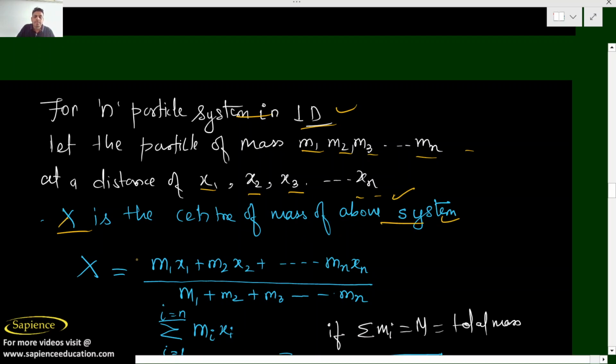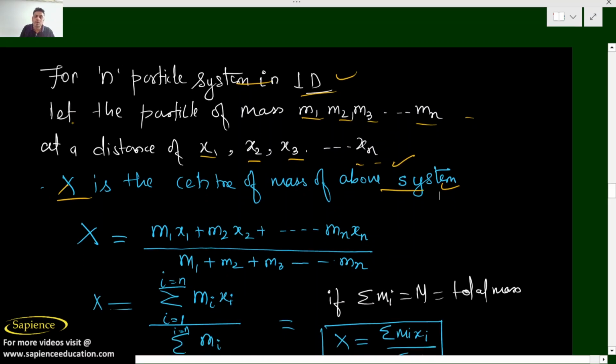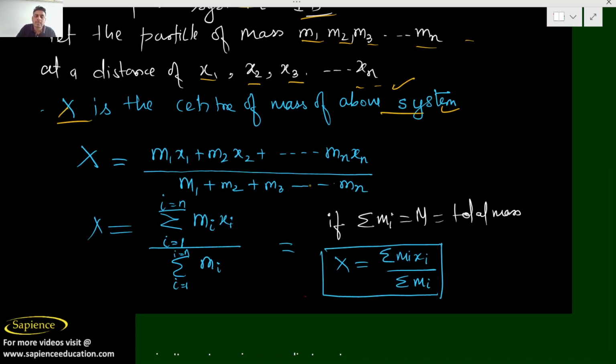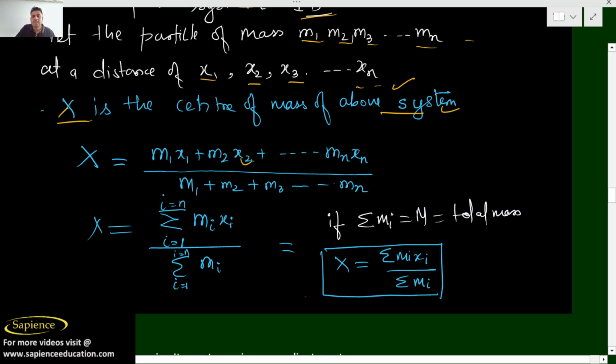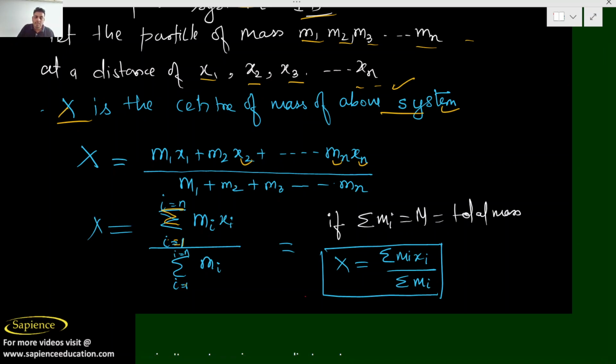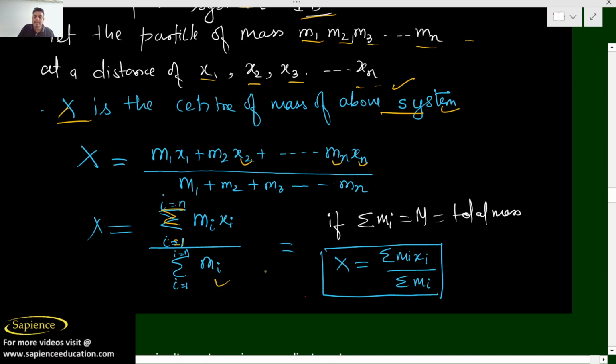So if x is the center of mass, how will you find x? This will be written as m1 multiplied by x1 plus m2 multiplied by x2 up to mn multiplied by xn, divided by m1 plus m2 plus m3 up to mn. You can also write this as a shortcut formula: the summation from i equal to 1 to n of mi xi, divided by the summation from i equal to 1 to n of mi.